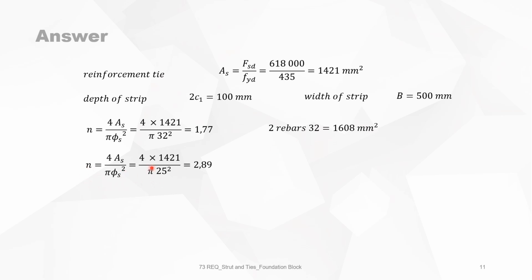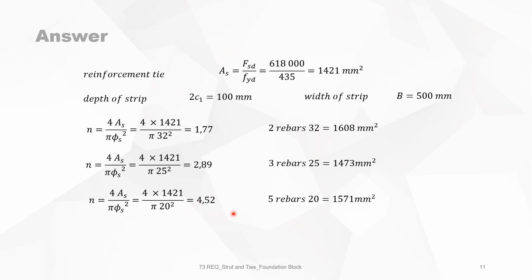Next, we do the same test with a diameter of 25. We need 2.9 bars, so we have to round it up to 3 rebars of 25. And for a diameter 20, we need 4.5, so we put 5 rebars. And last but not least, diameter 16, we have 8 rebars of 16, which can give you a problem to put them all into one layer.